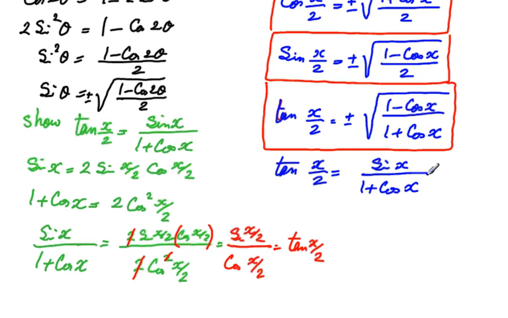What is the great thing about that compared to this? You don't suffer through the square root. You don't suffer through figuring out does it have to be plus here or minus here. It automatically does everything. So it is a great identity. And if that were not enough, there is another way of handling tangent of x over 2.